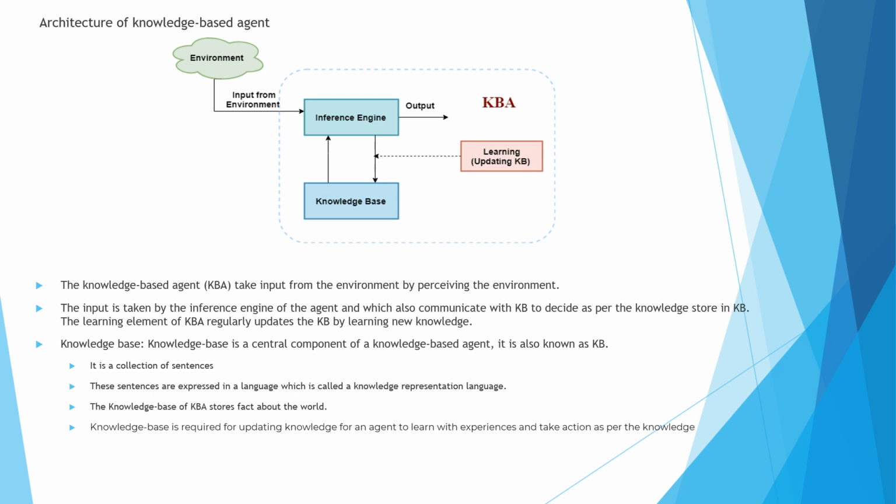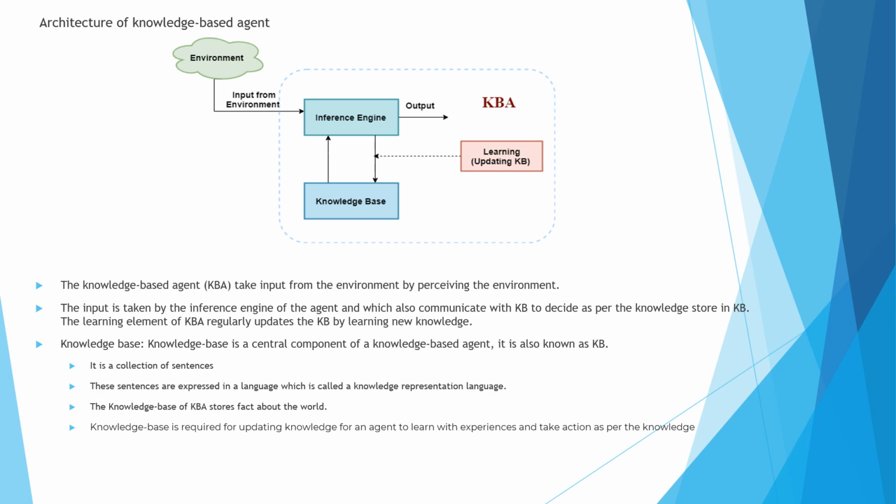Next, first component, we call it knowledge base. Knowledge base is a central component of a knowledge-based agent. It is a collection of sentences. Here, sentence is a technical term and it is not identical to a sentence in English. These sentences are expressed in a language which is called a knowledge representation language.